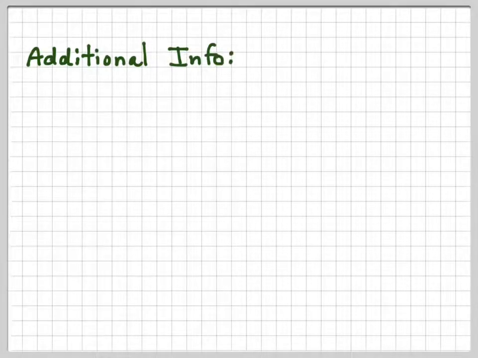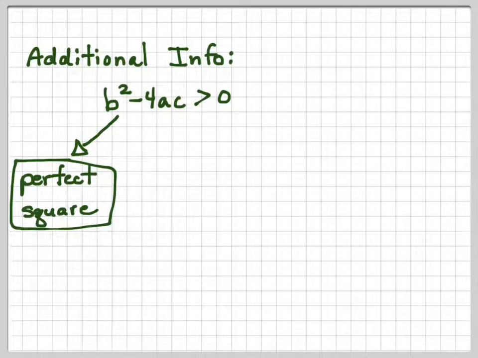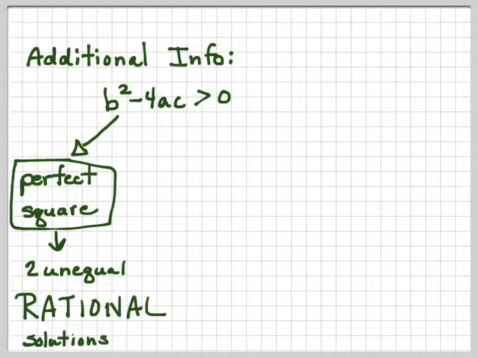Now, some additional information that I want to give you. If b squared minus 4ac, the discriminant, is greater than 0, then we need to take a look at what the possibilities are. If b squared minus 4ac, what's under the radical sign, is a perfect square, like 1, 4, 9, 16, 25, 36, then you're going to have two unequal rational solutions.